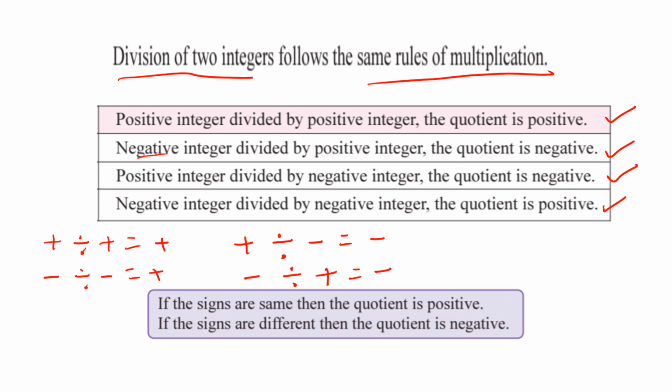So if the signs are the same, the quotient is positive. If the signs are different, the quotient is negative. By following these rules, we have to do divisions of integers.